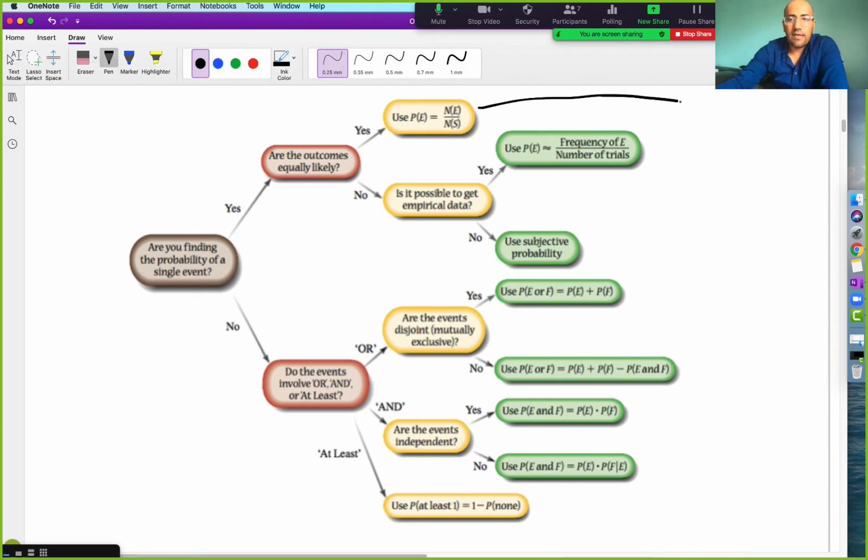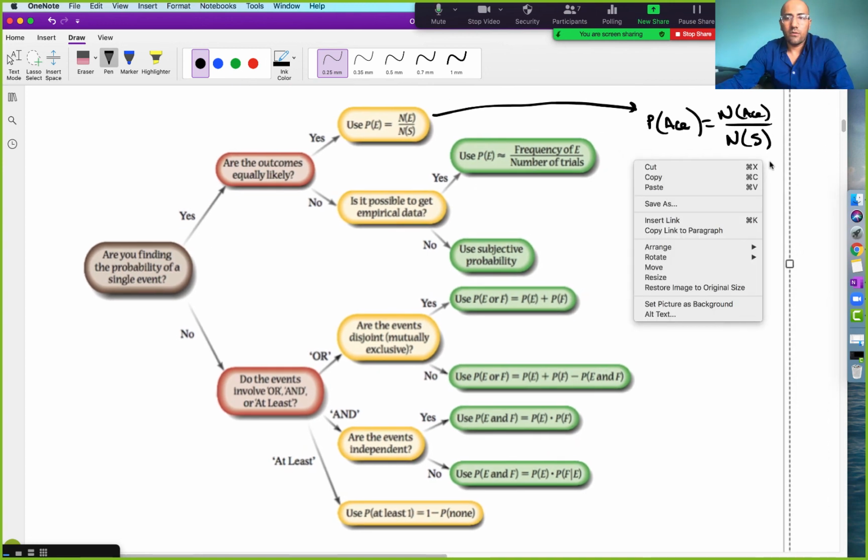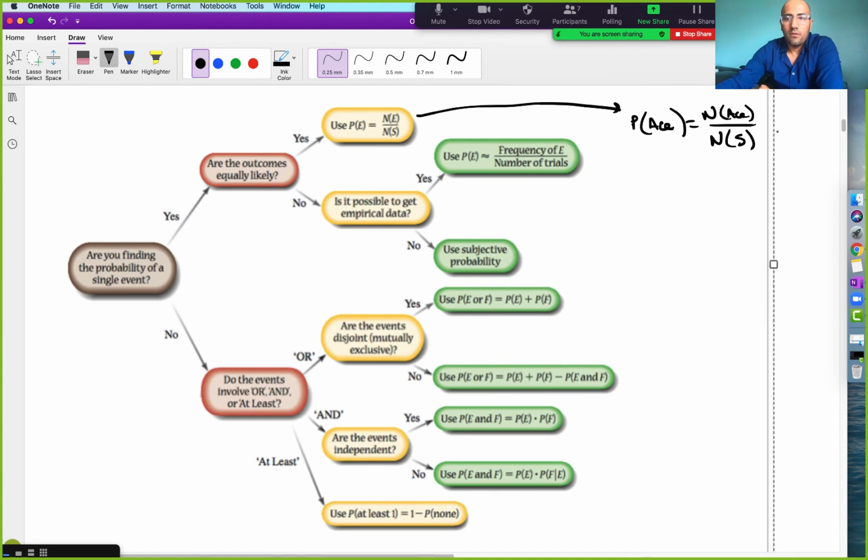A classic example is the probability of an ace when one card is selected, which equals the number of ways we can have an ace divided by the number of values in my sample space. There are 4 aces in the deck out of 52 cards, so that division will tell me the result.